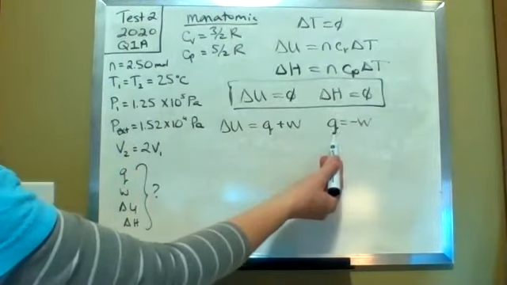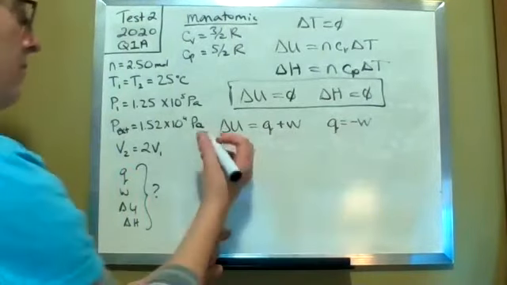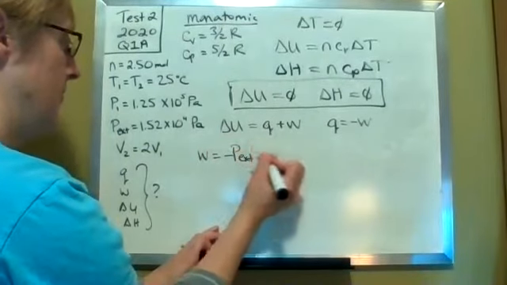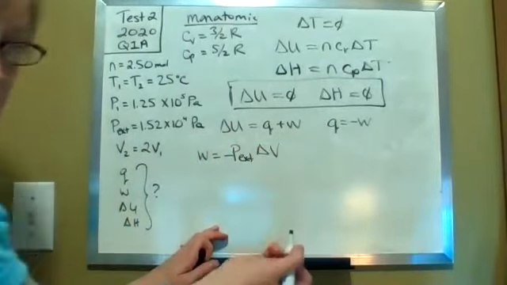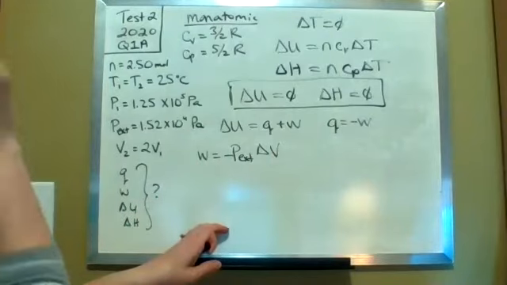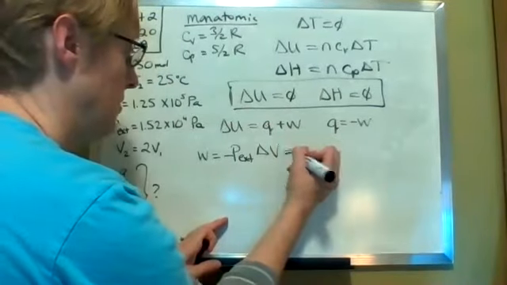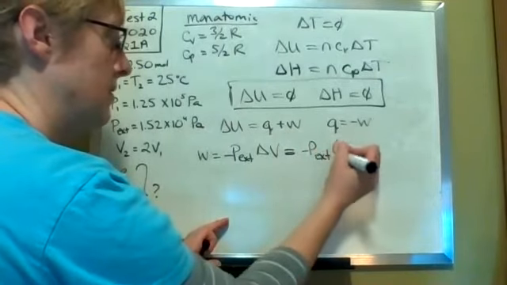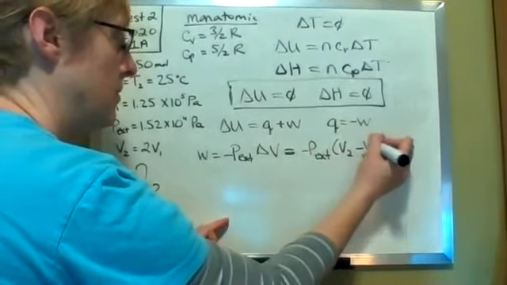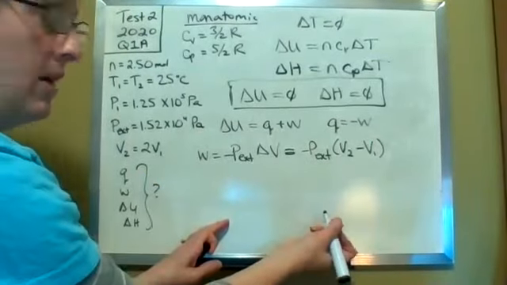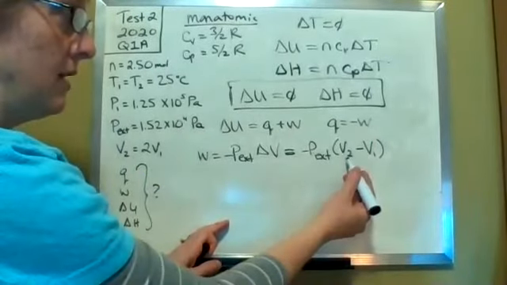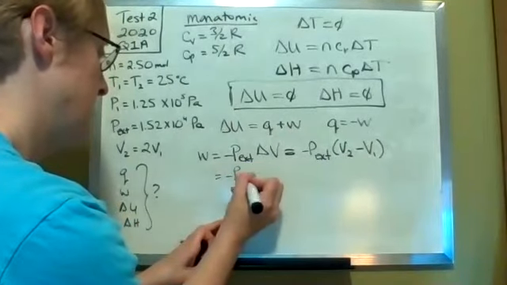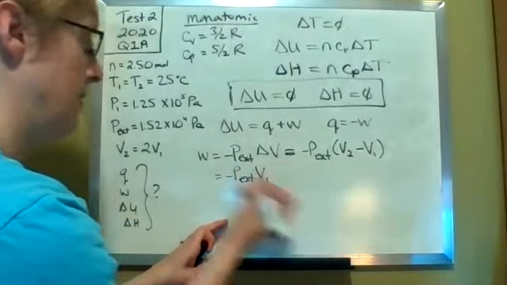Q is a little bit harder to find, but W, remember your equation for that one, that's minus P external delta V. So delta V, if we just want to write this out too, because I don't actually have any numbers here, that's minus P external (V2 minus V1). And if V2 is 2 V1s, then this just boils down to minus P external V1.